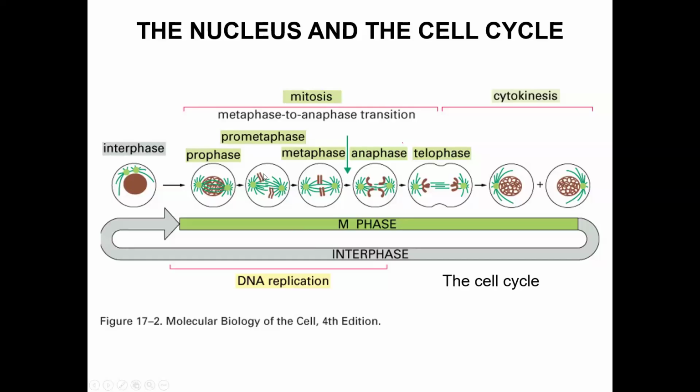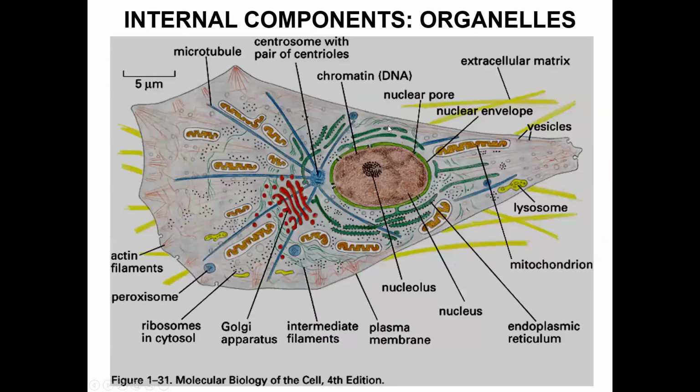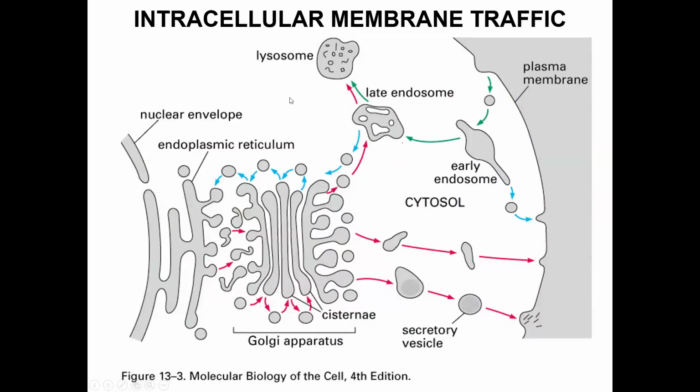By that time, the chromosomes are assembled and cell division occurs. This is the M phase, and after the cells have separated their genetic material, they undergo cytokinesis and become separate cells.